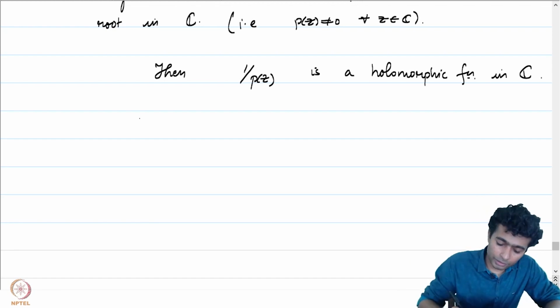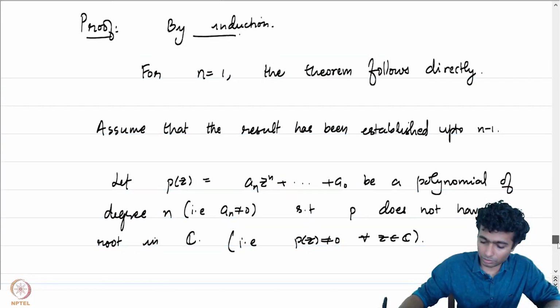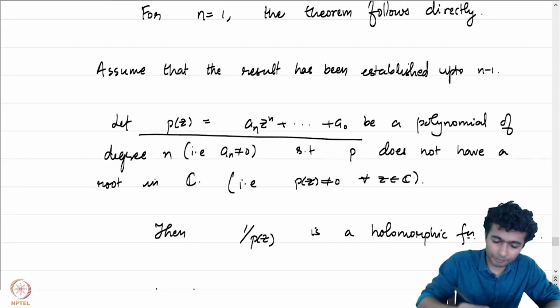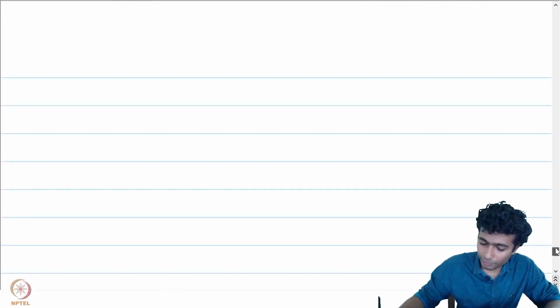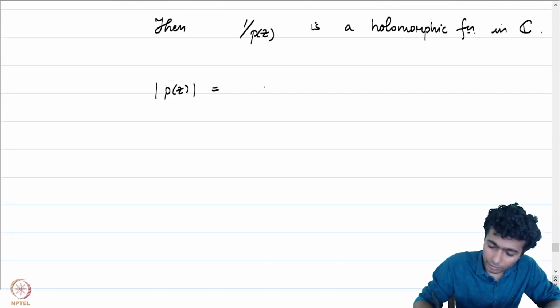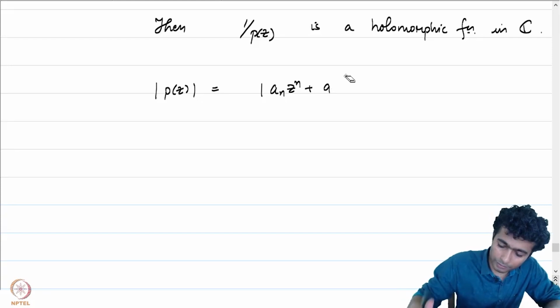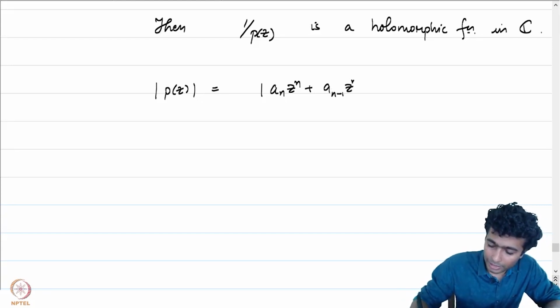But then if you notice, if you look at the absolute value of P of z, what is P of z? It's something of this type, right? If you look at the absolute value of P of z, that is going to be equal to mod of an z to the power n plus a(n minus 1) z to the power n minus 1 all the way up to a0.